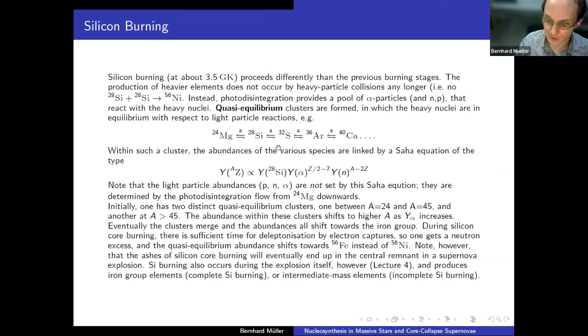Not a thermal equilibrium, but a partial equilibrium for alpha captures in this chain. So you will get what is essentially a Saha equation. Aside from Chandrasekhar, we're now coming across another famous Indian physicist, this time in the context of nuclear reactions. And that's what dictates the nature and outcomes of silicon burning.